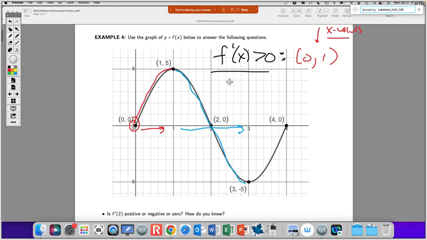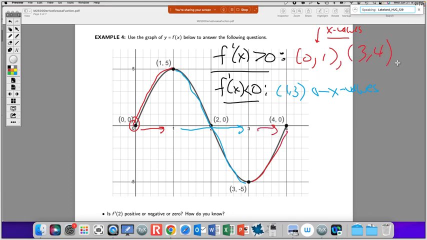So then f prime of x is less than 0 from x equals 1 to 3. Once again, these are x values. And then at 3, it zeroes out again, and then they start to do what? Increase from 3 to 4. You follow? Make sense or not, folks?